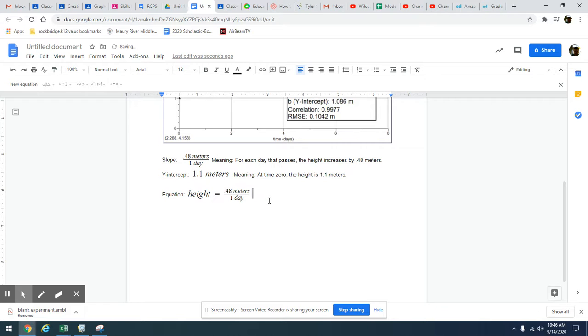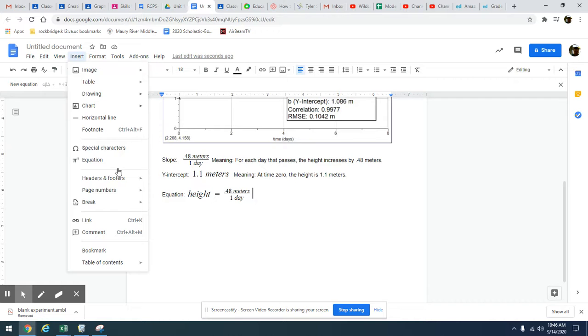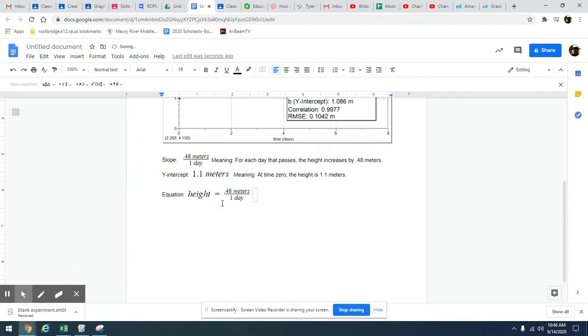Oh, got out of my equation here. Oh, maybe let's insert another one. That'll work. Time plus intercept here. That's a nice looking equation there, nice and big.